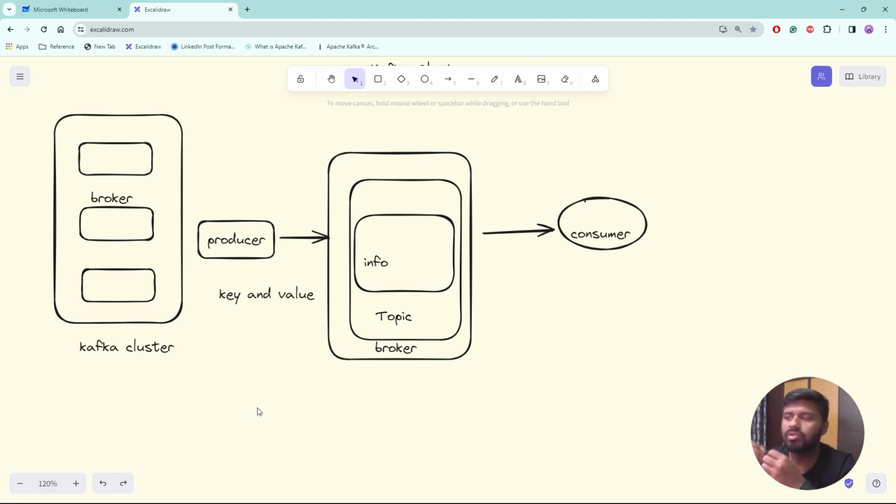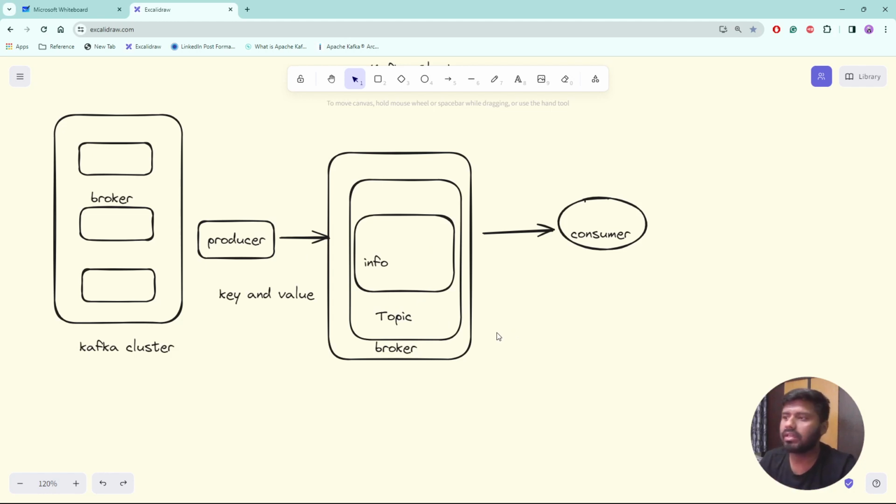Whatever my producer is producing as records, I may not have defined keys for the messages I am supposed to pass through Kafka. So in that case, what could happen? Kafka automatically assigns some key to it. Okay, so now this is what we have seen as part of the broker and the topic.